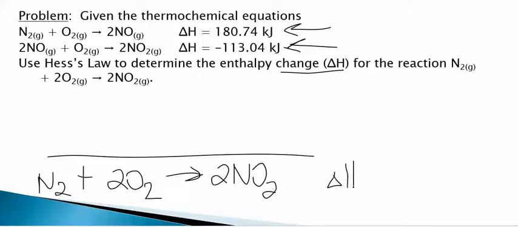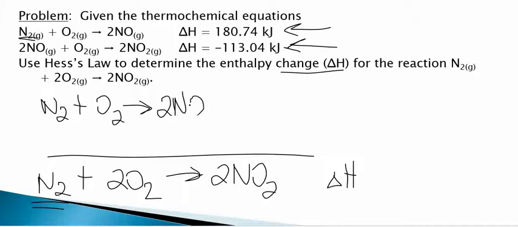I want to find delta H. What I do is I start over here on the left and I see N2. Well, I go back to my two equations that I'm given. I see N2. It's a reactant, so I'm going to write that as is. Delta H for this reaction is 180.74 kilojoules.